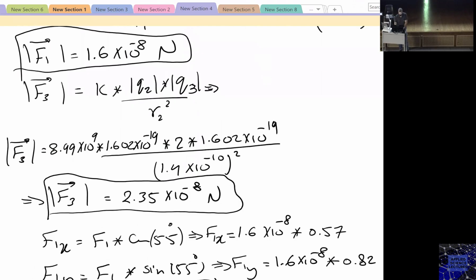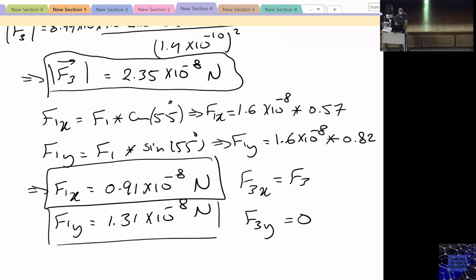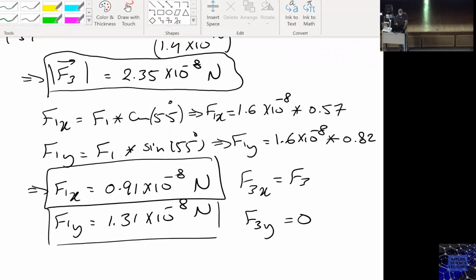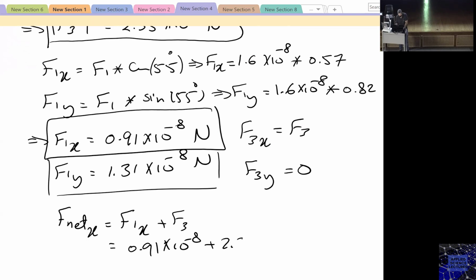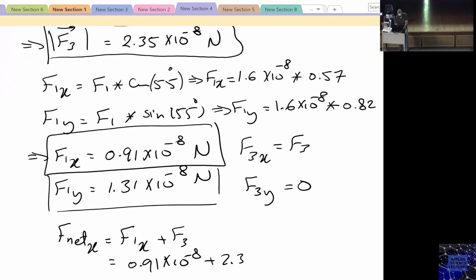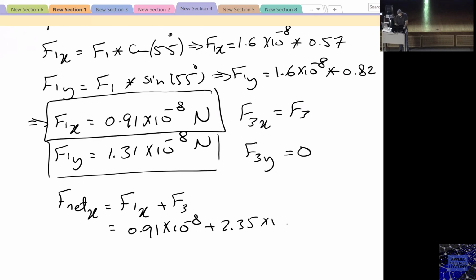So in order for me to calculate, Fnet x is F1x plus F3, which is 0.91 times 10 to the power minus 8 plus 2.35 times 10 to the power minus 8.